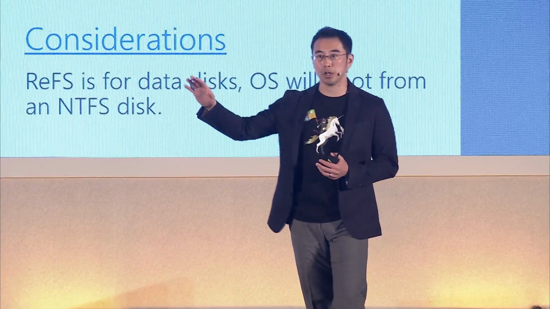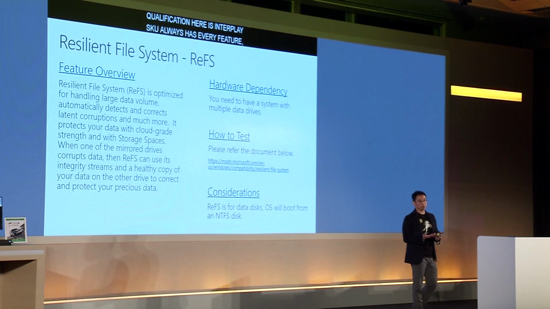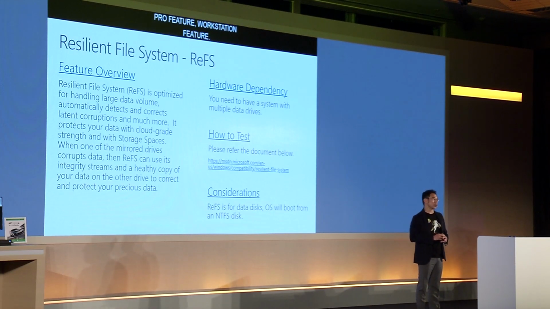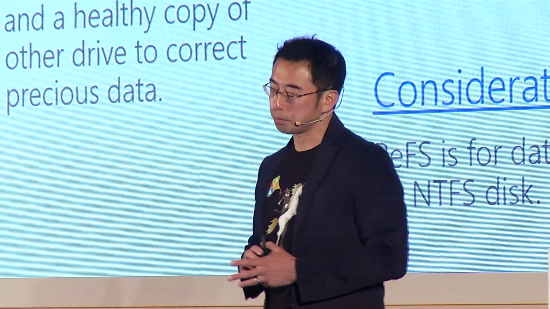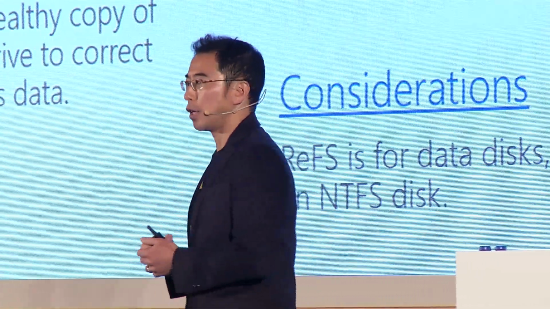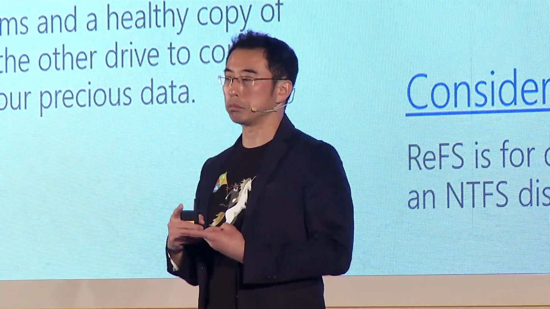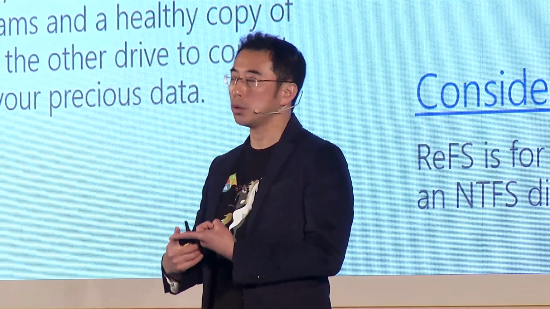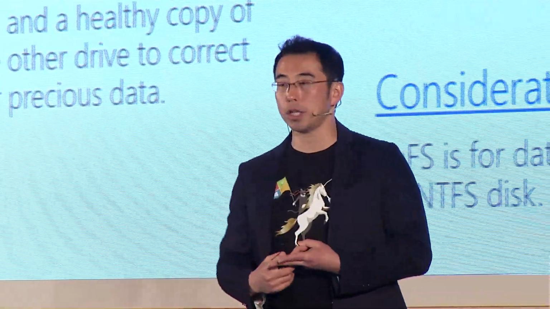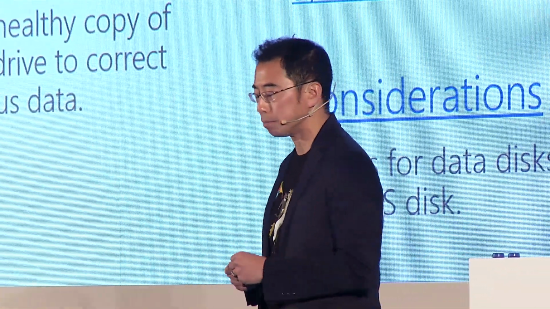So enterprise SKU is more of a superset. So if you want to create a new volume with ReFS, you need to use a workstation SKU or enterprise SKU. But if you already have a ReFS volume, you'll be able to view it or save files. It's possible on Windows 10 Pro or even the home system.